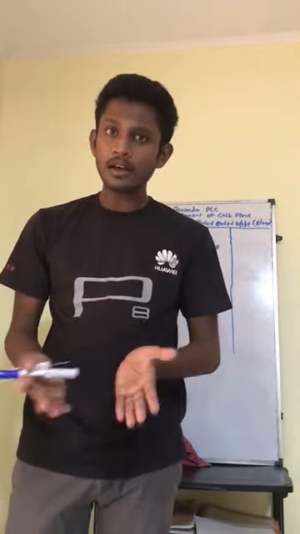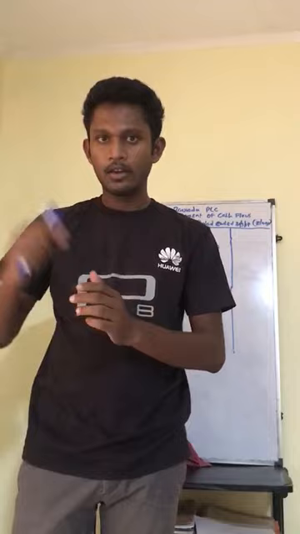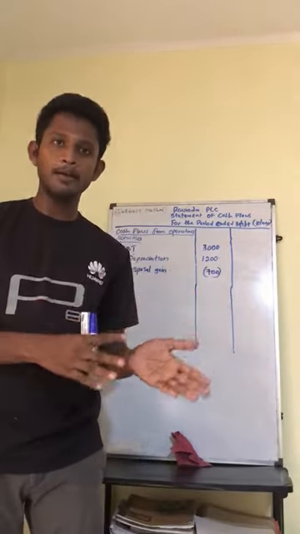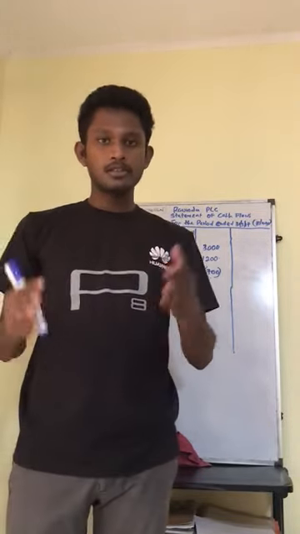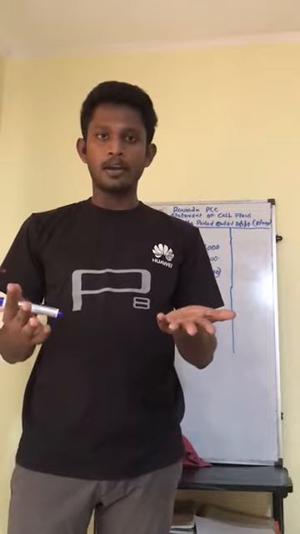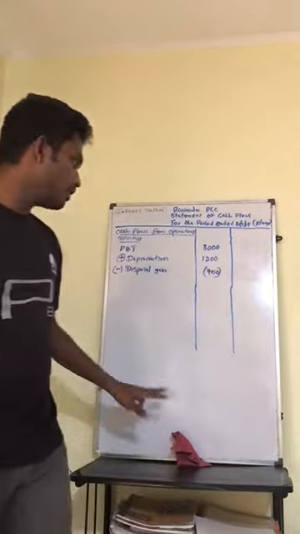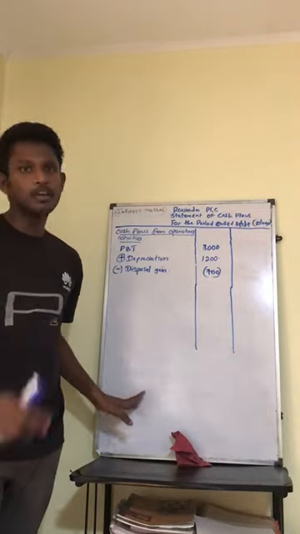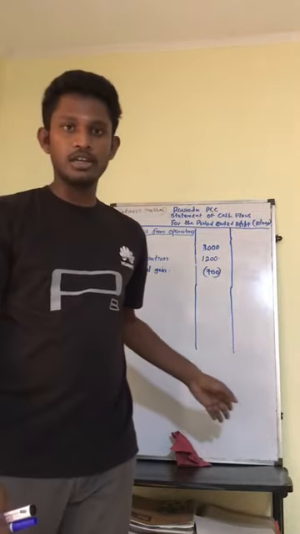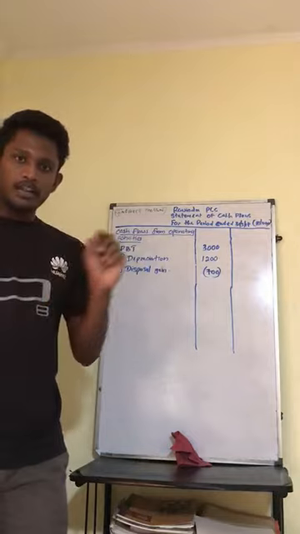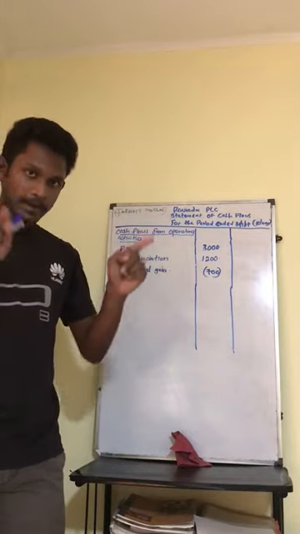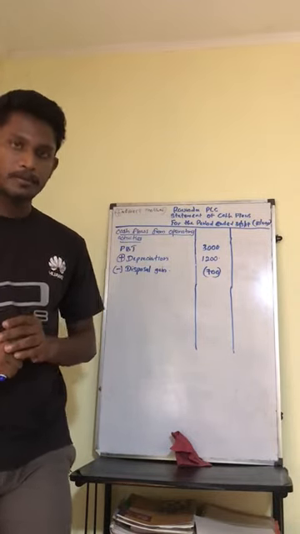You are paying the return to the ordinary shareholders, so it comes under financing activity. You are losing money because you are paying dividends, so it should be a negative balance under financing activity. Just put dividends paid minus 900,000, right?